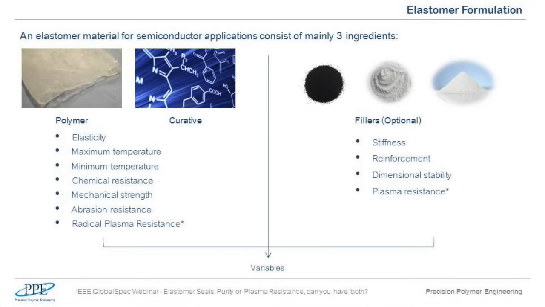There are some other common fillers like metal oxide based, but again potentially not desirable for semiconductor applications, where metallic-based filler can come out of the elastomer during erosion and can be dissociated in plasma and create metallic ion contamination on the wafer.